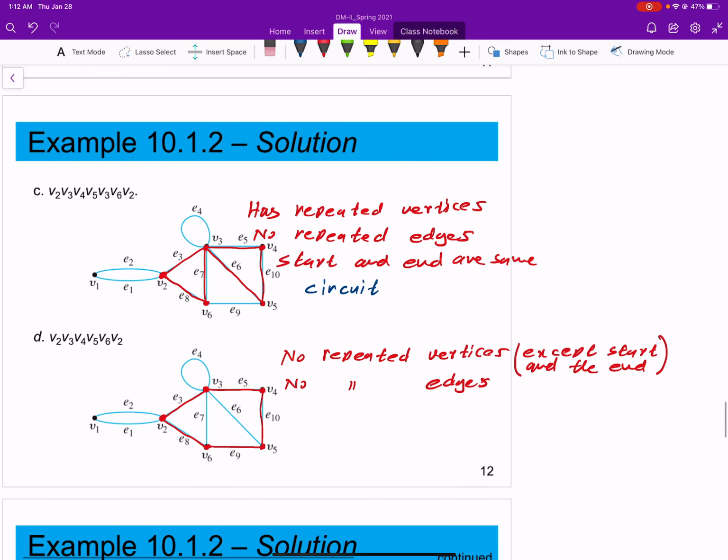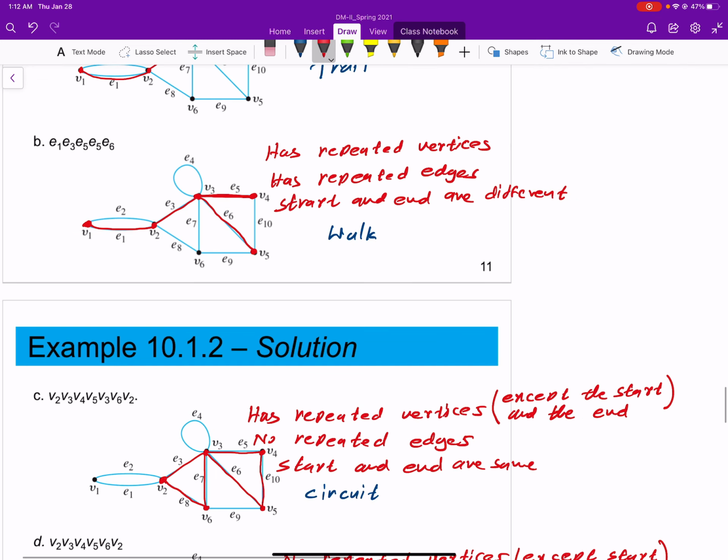Okay, let me write it. Except the start and the end. All right, good.